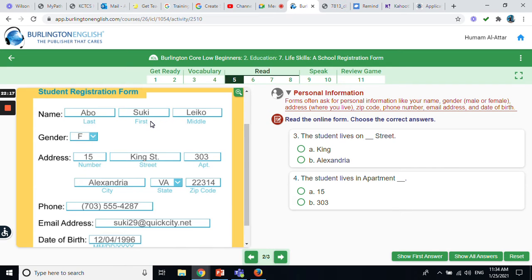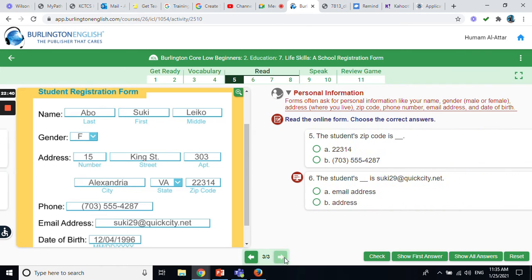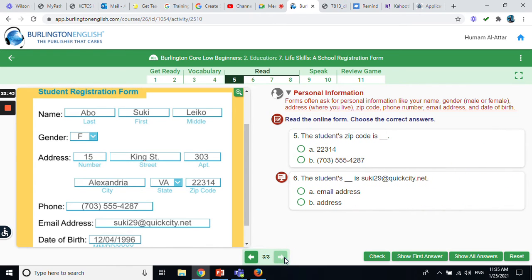We're still talking about Suki. King Street. Yes, very good. And number four, the student lives in apartment what? 303. Excellent. Okay. Number five, the student's zip code is what? Very good.